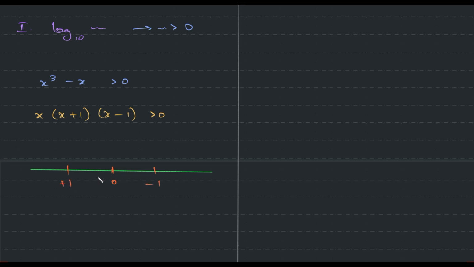Okay, I hope all the fundamentals are strong. So any value before 1, it would be, sorry, I wrote it the wrong way around, my bad. This is supposed to be positive and this is supposed to be negative. So any value before this, what will happen? Minus 2, this will lead to a negative value, into this will lead to a negative value again, and this is also a negative value.